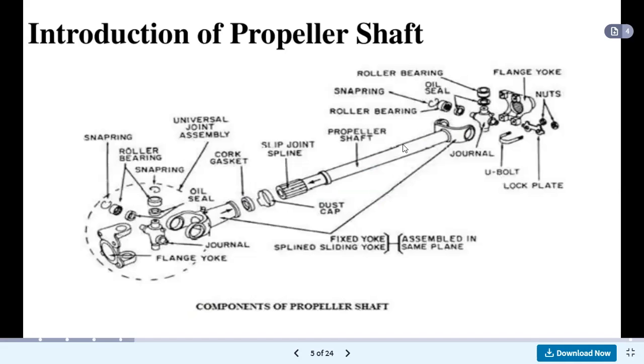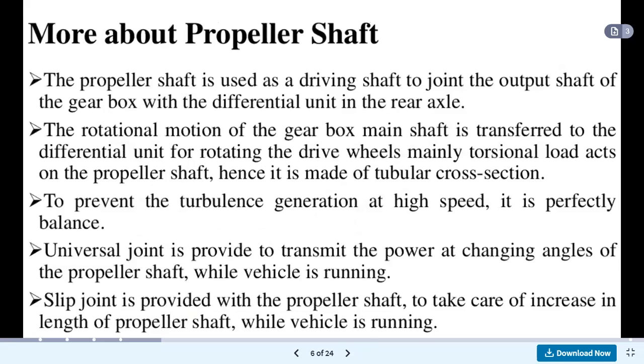Propeller shaft, actually this is called as propeller shaft. Then roller bearing is provided to support that shaft. Snapping roller bearing, oil seals, flange yoke, the nuts, U-bolt, lock plate, journals. Then this dust cap is provided. Here all these parts or components are related to propeller shaft.